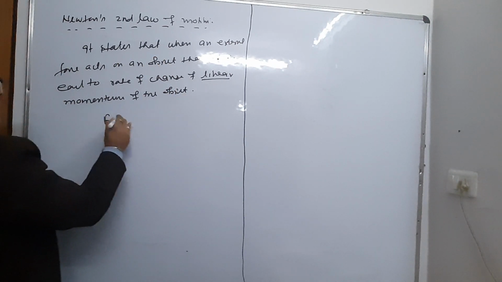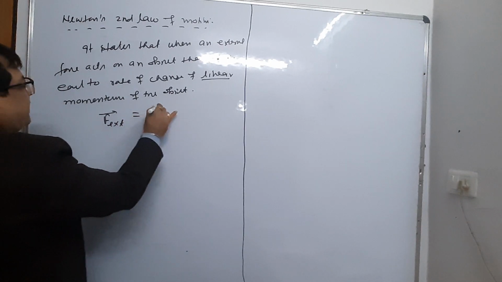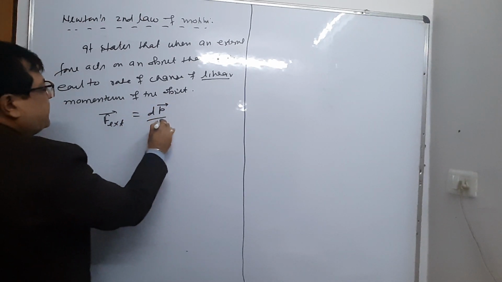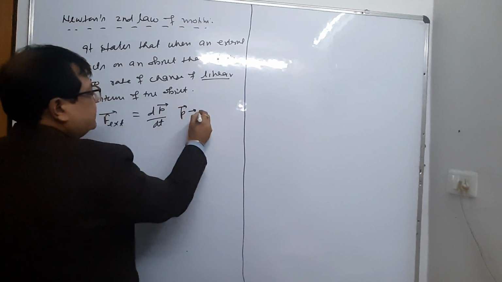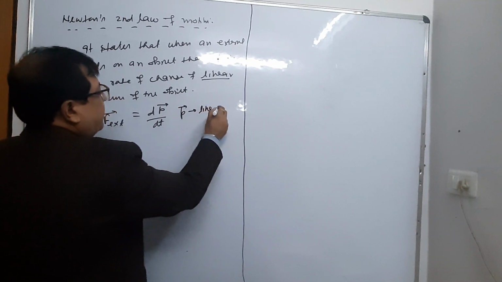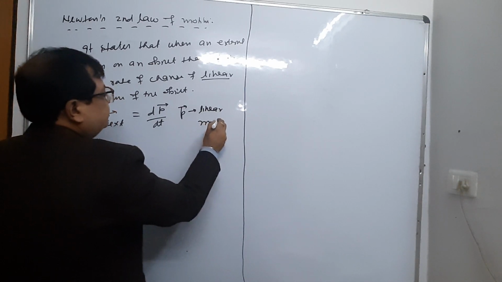So F external is equal to dp by dt, where p is linear momentum.